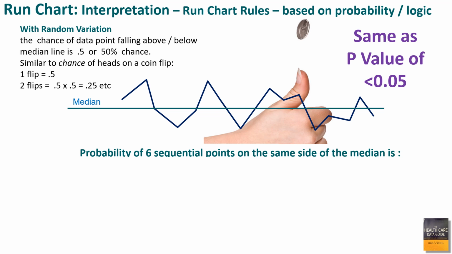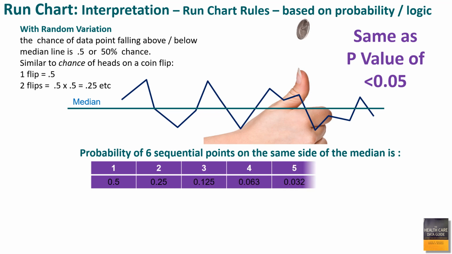Two flips is 0.5 by 0.5, in other words, 0.25 probability of throwing two heads or two tails in a row. So the probability of 6 sequential points on the same side of the median is as follows: 1 is 0.5, through to 6 is 0.016.